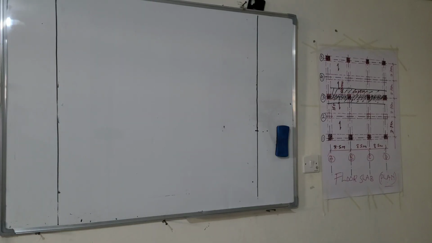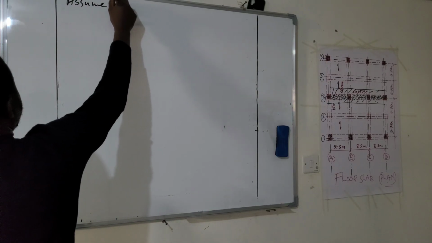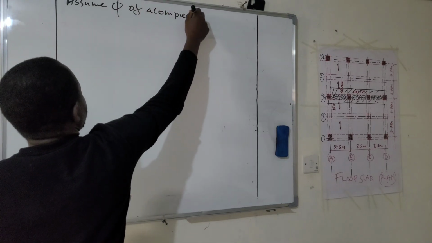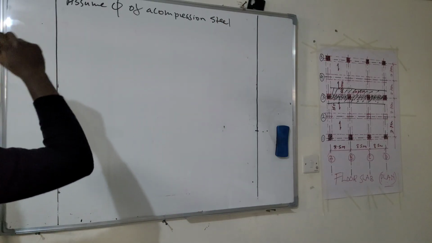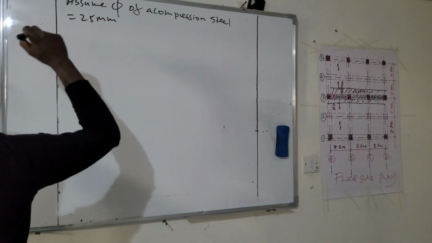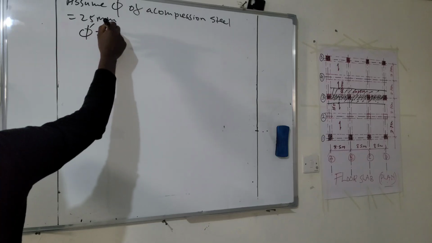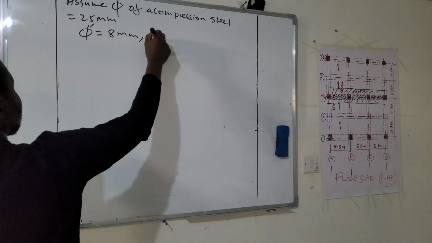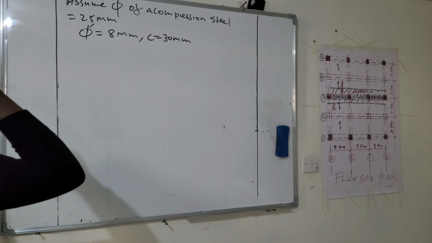Now assume a diameter of compression steel to be 25 millimeter and the diameter of link to be 8 millimeter, cover 30 millimeter.